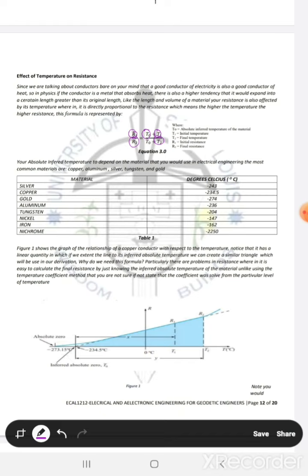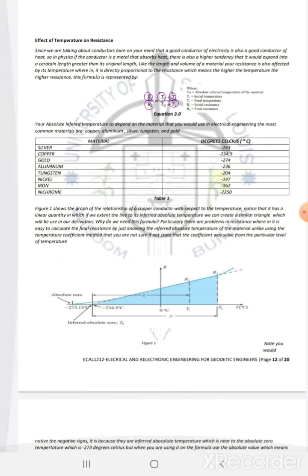Absolute zero temperature is the temperature at which all conductors lose all of their electrical resistance when cooled to a super low temperature, near about negative 273 degrees.